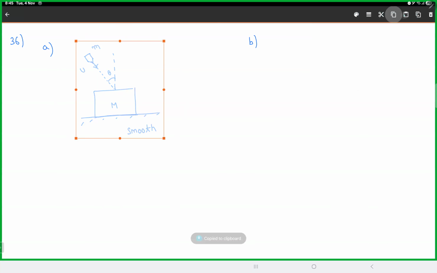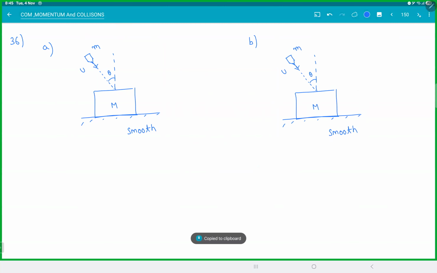In the second case, same thing, but this time the floor is rough. So the bullet hits the block and gets stuck. And assume the block is always in contact with the ground.